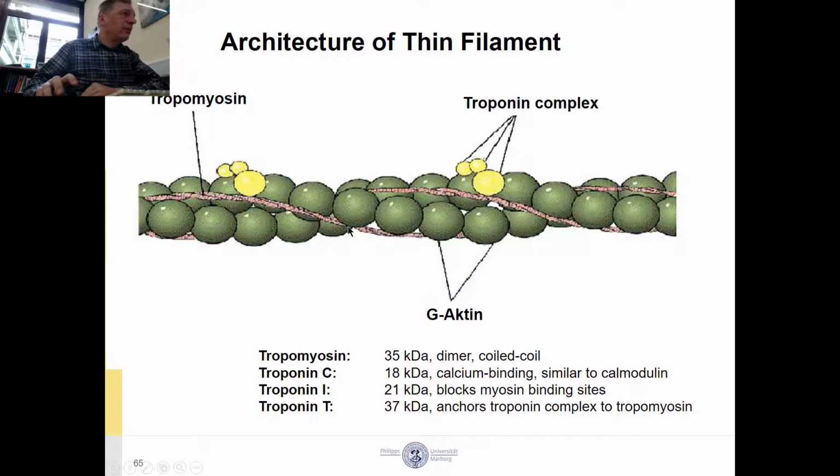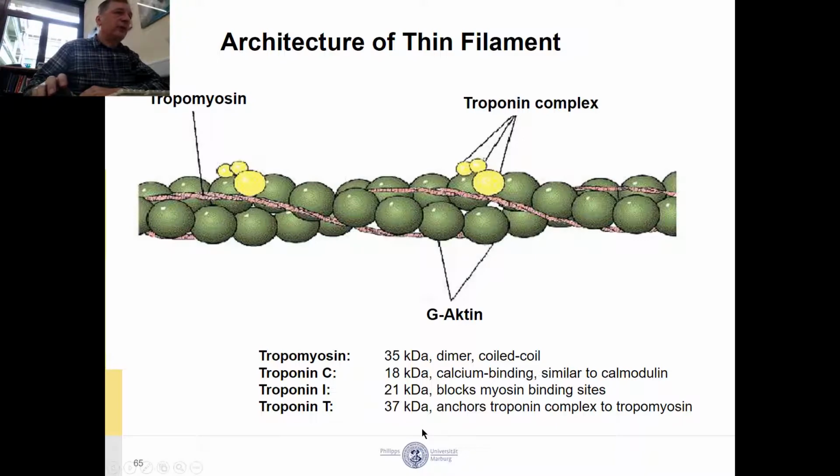The tropomyosin is somehow entangled around it. It's a coiled coil. And the troponin complex, that is interesting because that is the regulatory part. The troponin complex comprises C, I, and T.